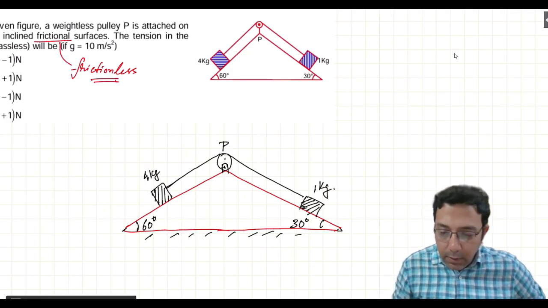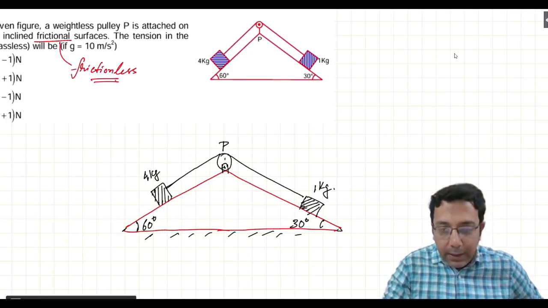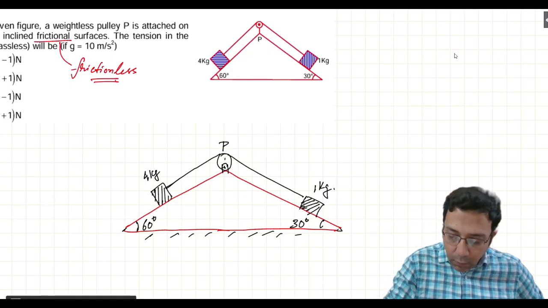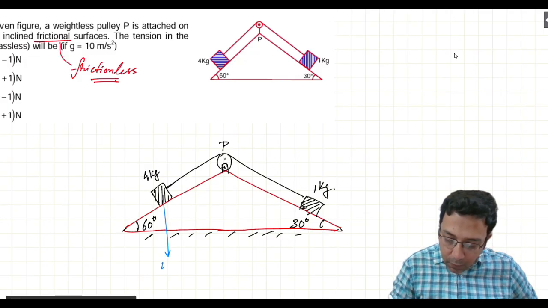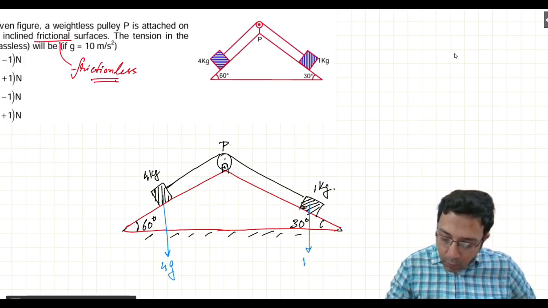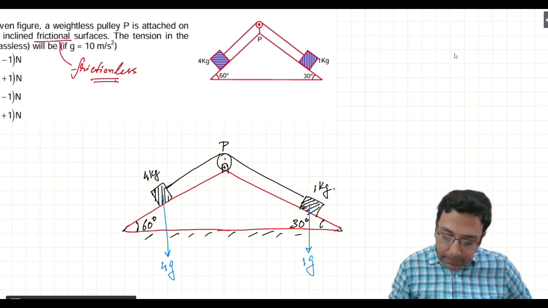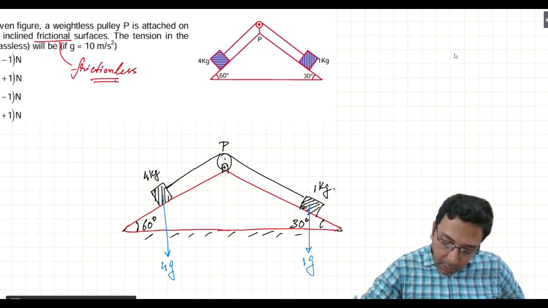For doing the free body diagram, we know one thing: from the 4 kg, mg is down. So 4g will be down here, 1g will be down. And here we have a component.